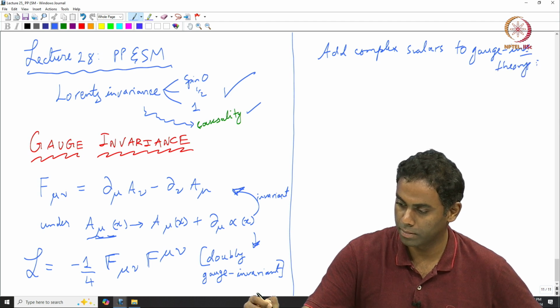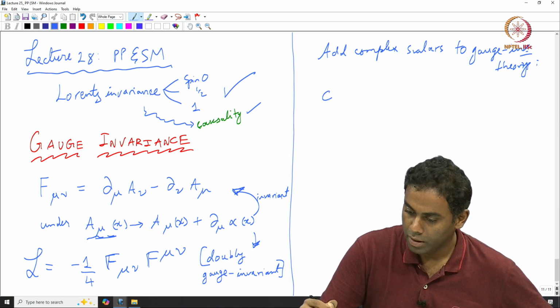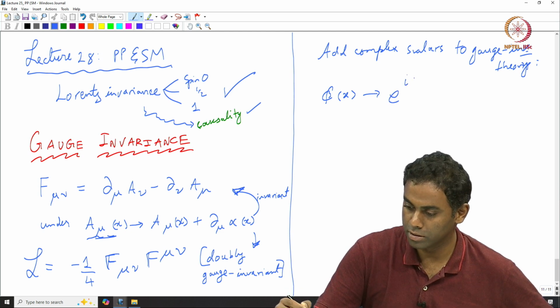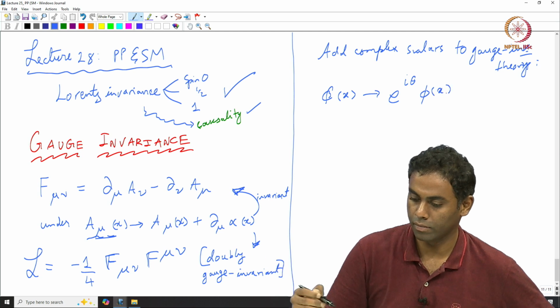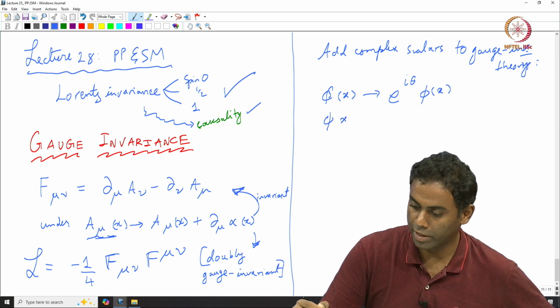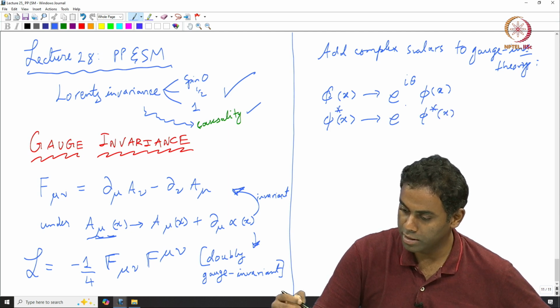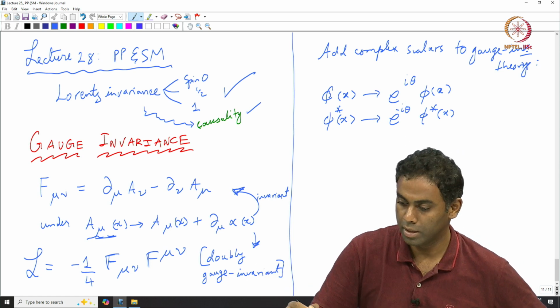How can I do this? Remember, for a global charge, what do we mean by a global charge? It is when I can rephase all my fields with a phase that does not depend on the space time label, then that is a global charge, right.